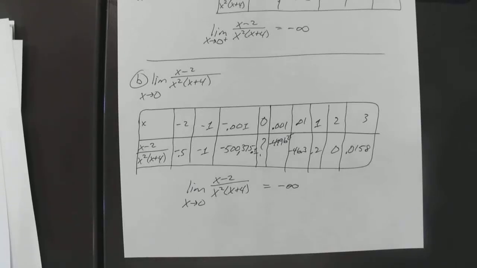The only time it wouldn't exist is when you have a limit, which is the next example, that's infinity from one side and negative infinity from the other. Okay. That's when it wouldn't exist. Because in this case, the limit is either positive infinity or negative infinity, so that would be your answer. So if they're both negative infinity, then your answer would be negative infinity.